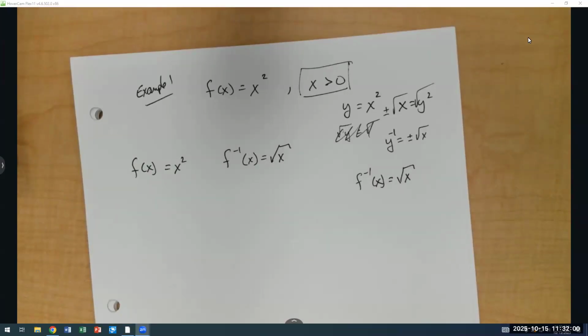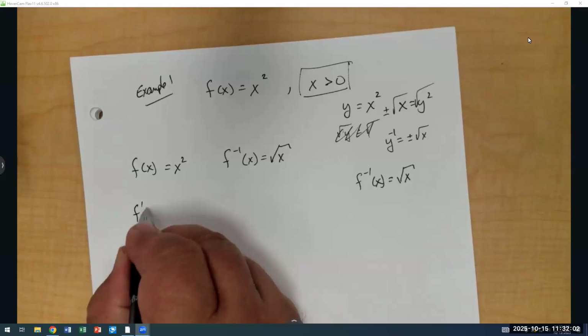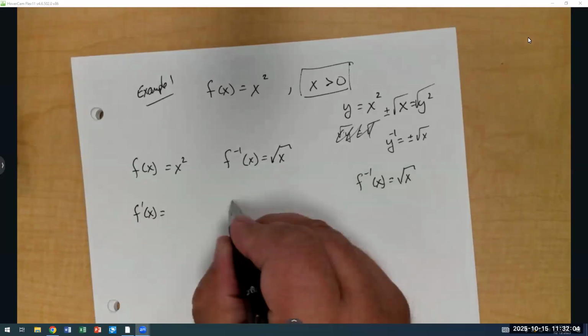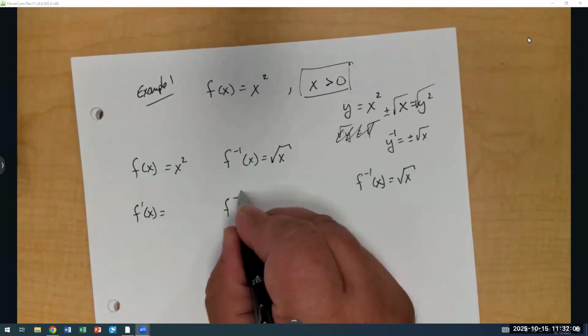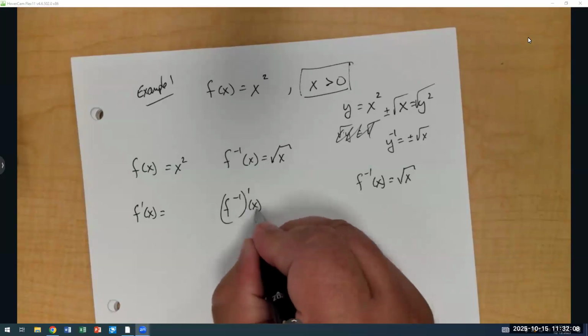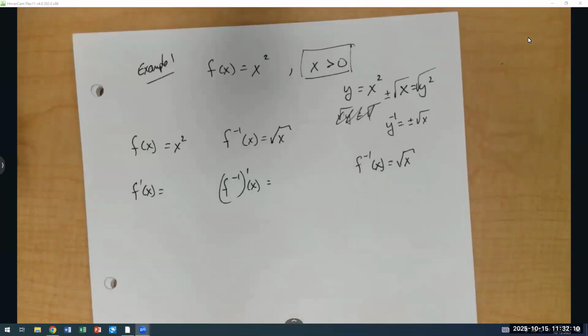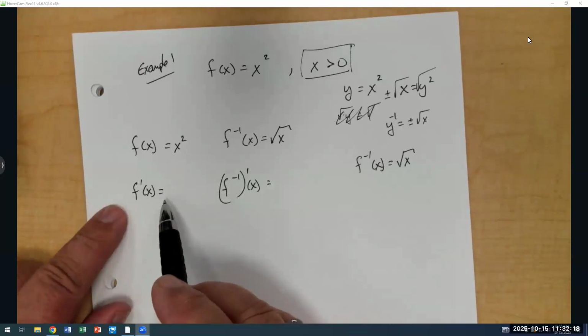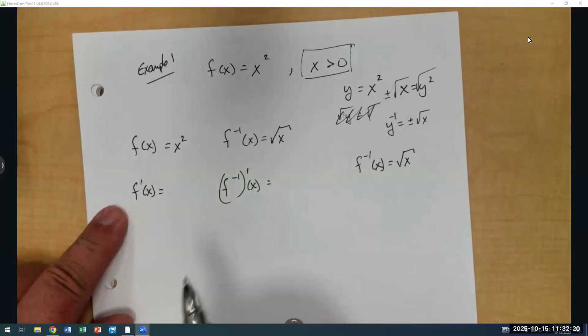What are the other derivatives? What is f prime of x? And what is the derivative of the inverse? So what's the derivative of f of x? 2x.